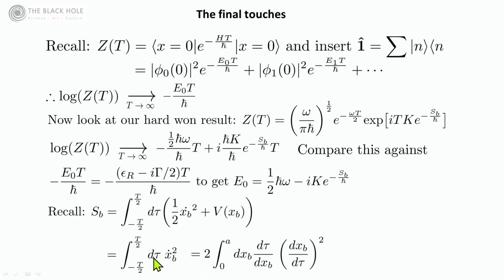So I'm going to take d tau, divide by dx, and then there's dx, and we go from 0 to a, but we also go from a to 0. So there's a factor of 2 over here, and so we are here. That's S_B, the action for a single bounce. Single bounce action is determined entirely by the potential that we are considering.